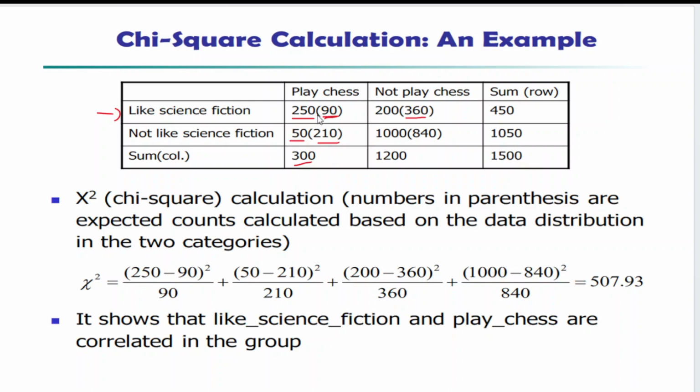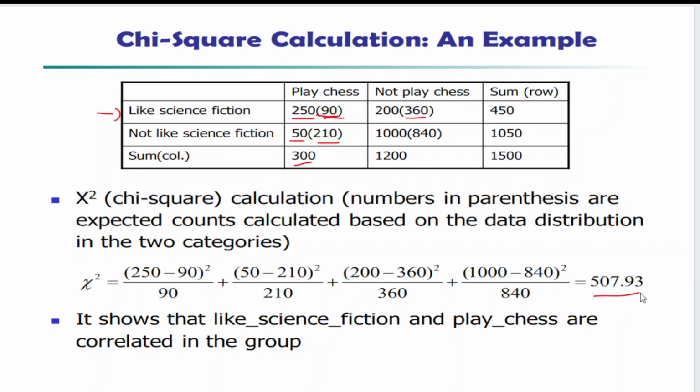So here 250 minus 90, whole square, and what is the denominator here? The denominator I am going to take as 90 only, plus, and again 50 minus 210 whole square by 210, plus 200 minus 360 whole square by 360, and again 1000 minus 840 whole square by 840.